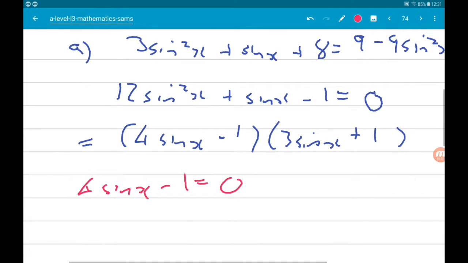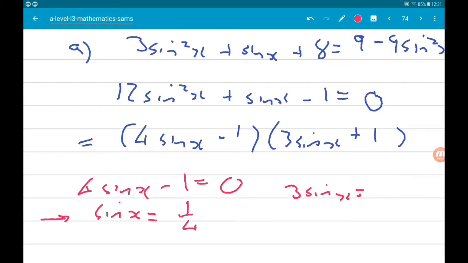Now that gives us sine x is equal to 1/4. Or 3 sine x plus 1 is equal to 0. So sine of x is equal to minus 1/3.